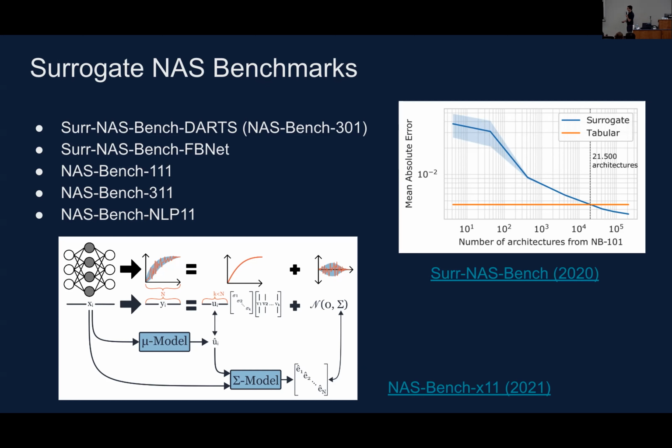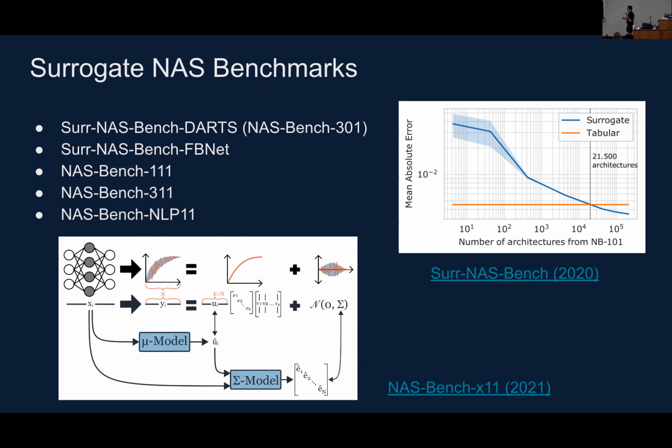But with surrogates, since the surrogates are so powerful, we actually get less noise than even an average of 3 seeds of architectures. Of course, when we actually run experiments, we want to add back the noise because we want it to be realistic. So we can also model the noise of the architecture.